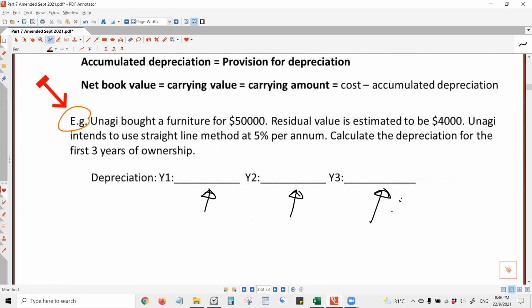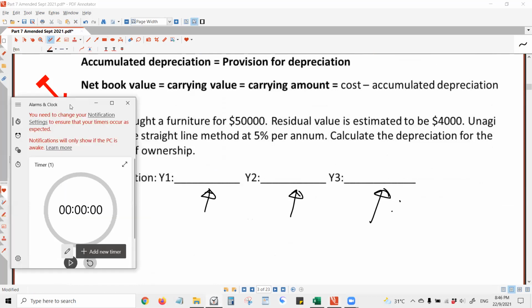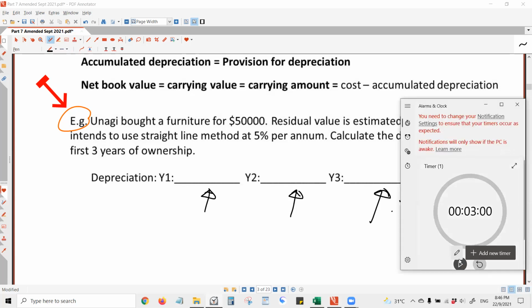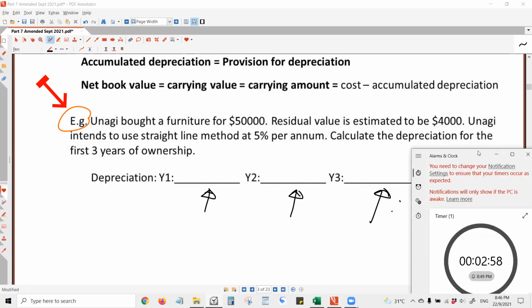I give you a total of 3 minutes. First time you are applying, so I give you more time. Okay, I wait for your answer. It's about the straight line method, because you have only learned straight line method. Okay, 3 minutes starts now.